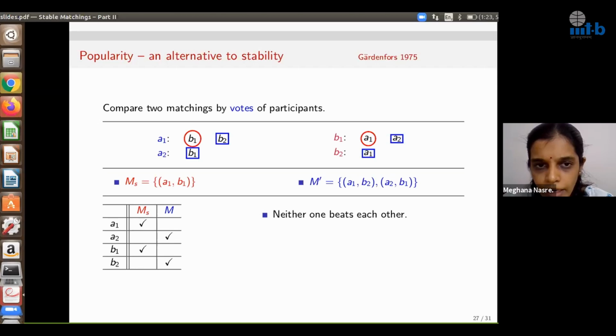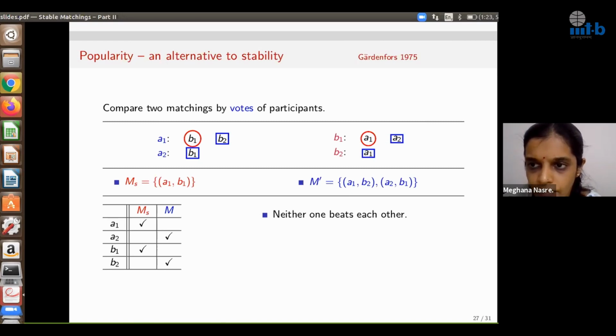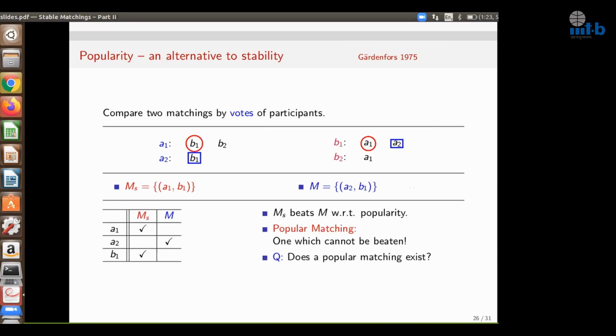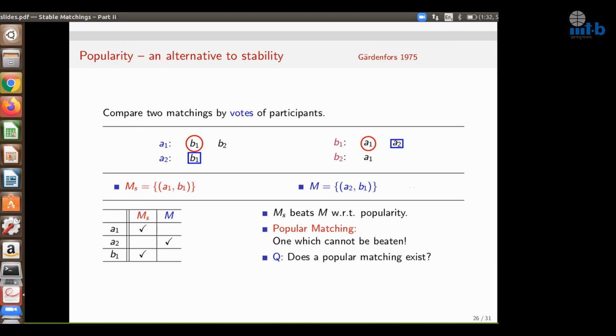In the earlier example, there was no indifference, but still MS is better than M, because here it is clear: there are 2 votes to 1.